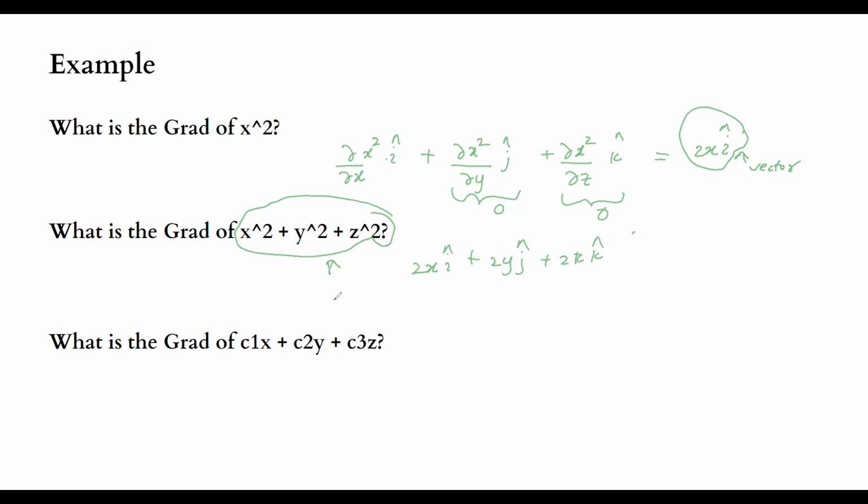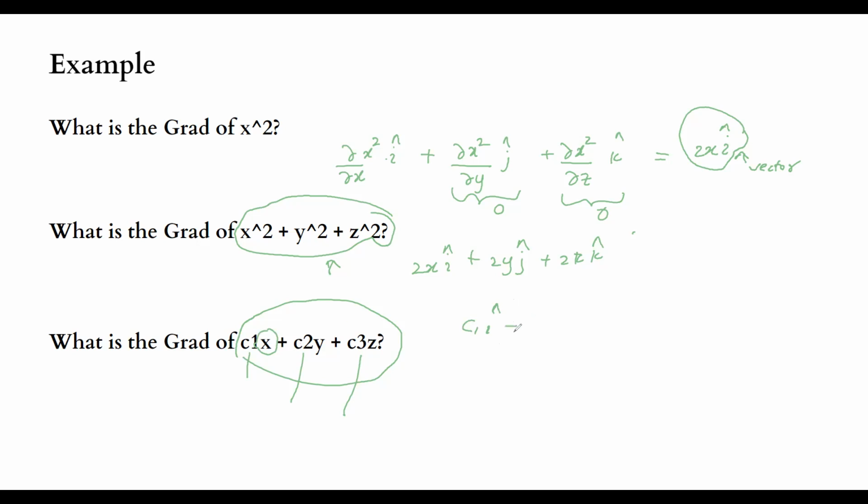So likewise, we can do that for each of these functions. What is the answer for this? If C1, C2 are constants, what is the answer? Yeah, C1 i hat, because the derivative of x with respect to x will be 1.